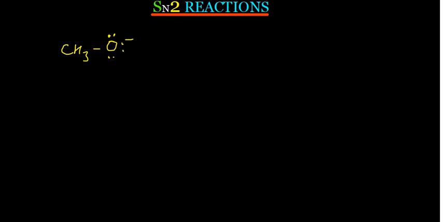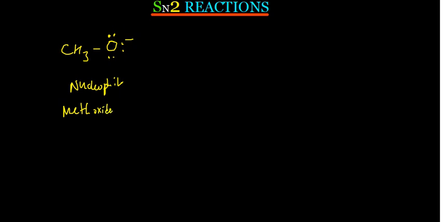Because of this, this now becomes the nucleophile, because we have got the oxygen with lone pairs of electrons that are able to attack the alkyl group. So this one has become the what? The nucleophile. So this is a methyl and then oxygen. The name of this one is called a methoxide ion.